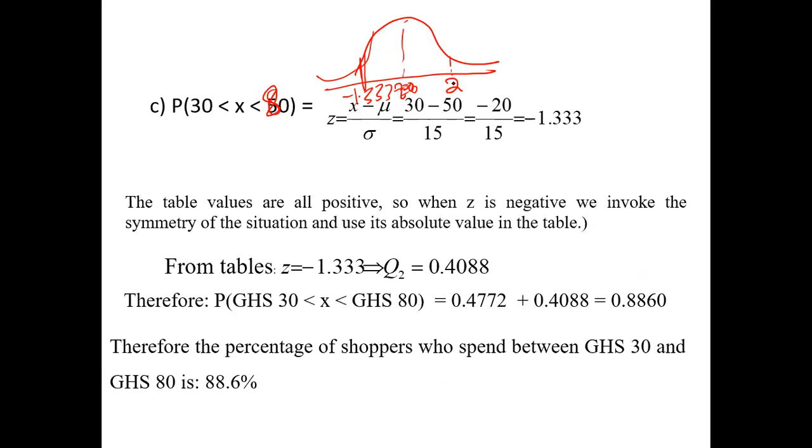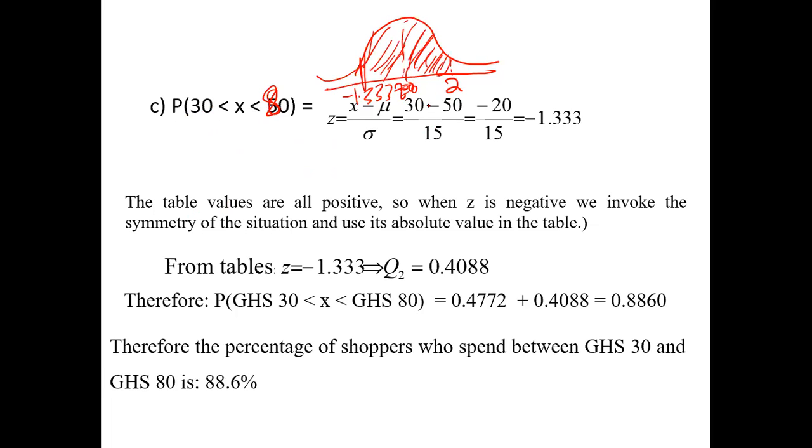So here will be 2. We are looking for the spending pattern between 30 and 80, which converted to z-scores is between a normalized value of negative 1.333 to positive 2. So we are looking for here up to here.